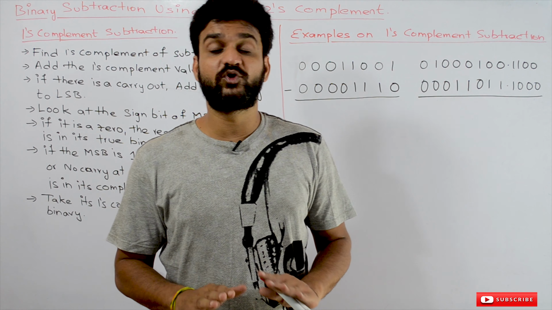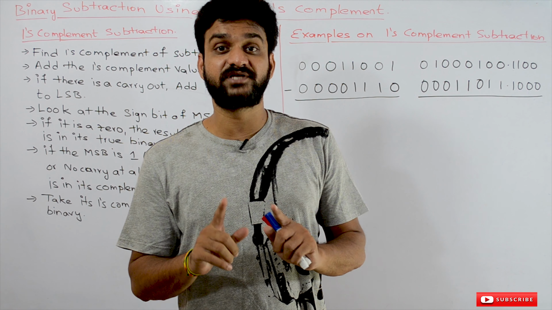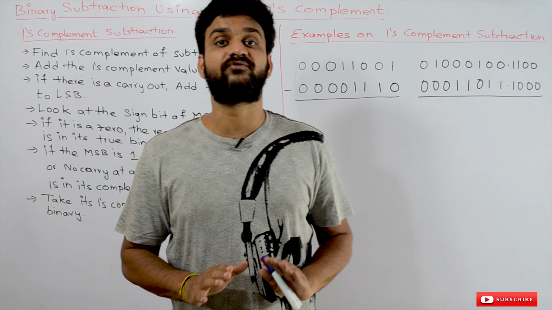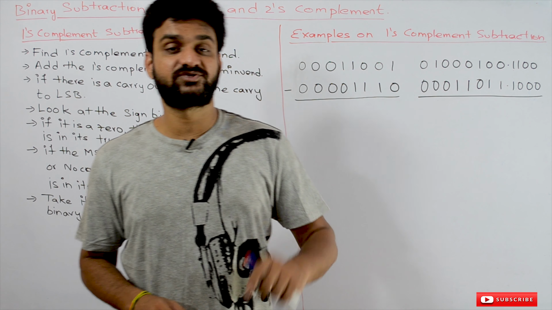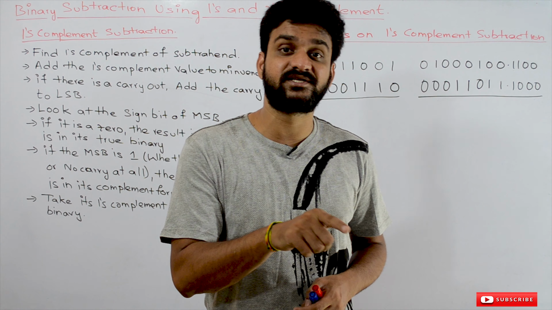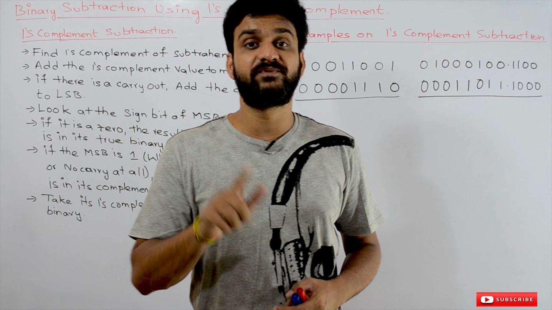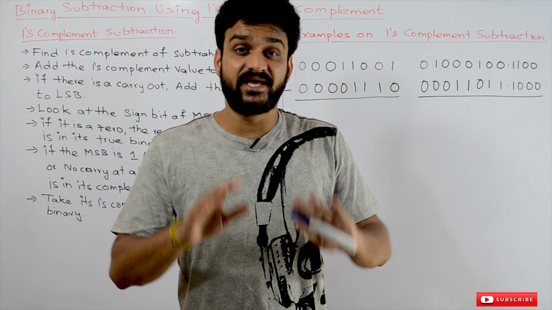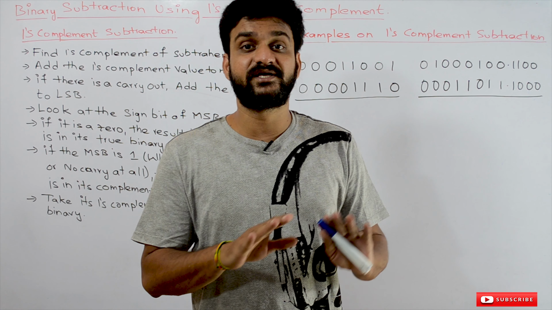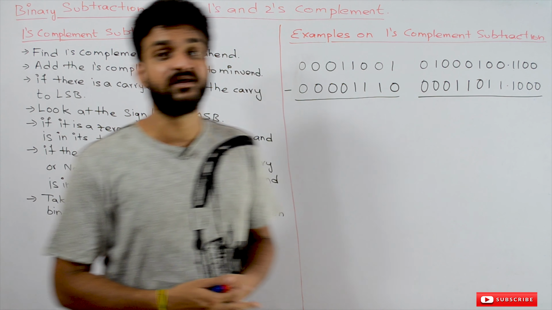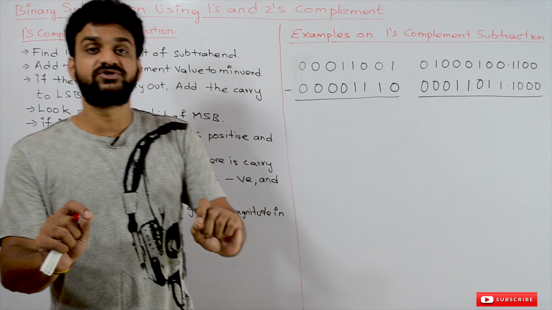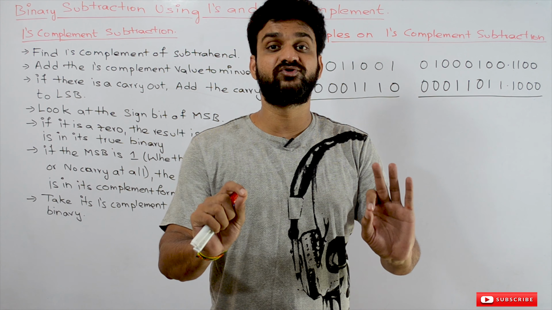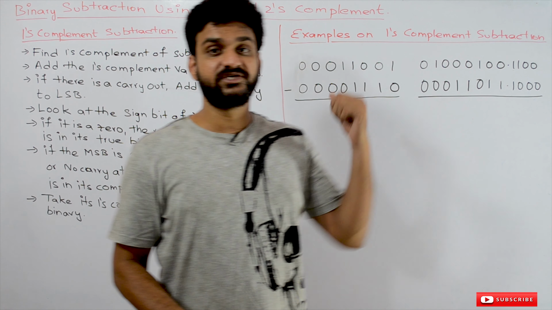If you haven't watched that video, please watch it, because it will give a clear insight into how to do the subtraction using nines complement and tens complement. We have also discussed the logic behind them. The same logic of nines complement and tens complement gets applied for ones complement and twos complement subtraction. Please watch those videos, they are very important for a better understanding of this concept.